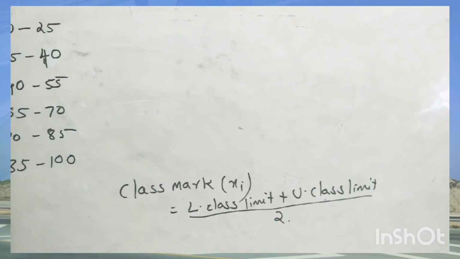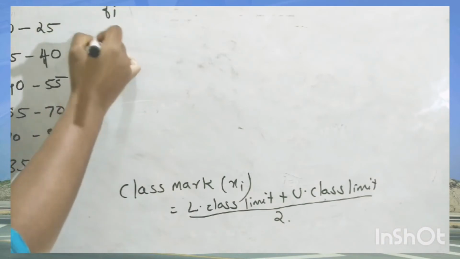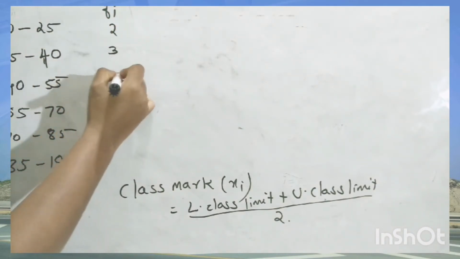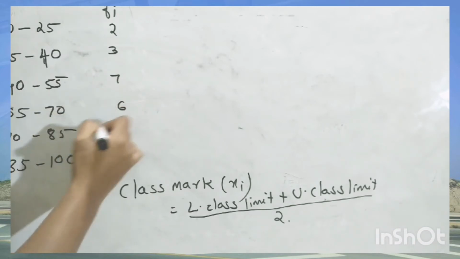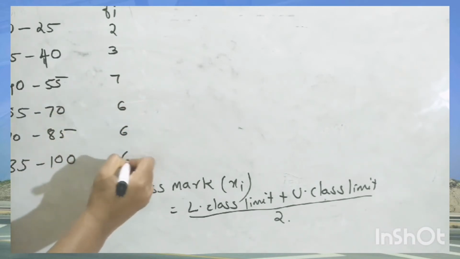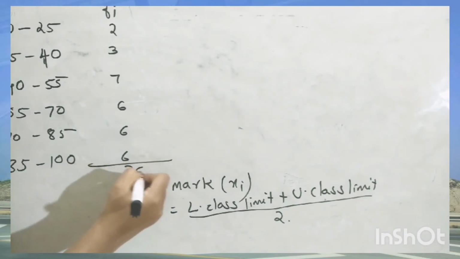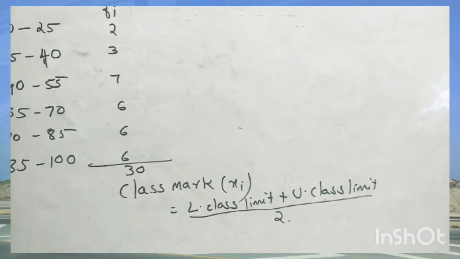So the frequency is also given, that is fi. For the first one frequency 2, second one 3, third one 7, fourth one 6 and fifth one 6. The last one is also 6. Since we have 30 students, the summation we will get as 30.